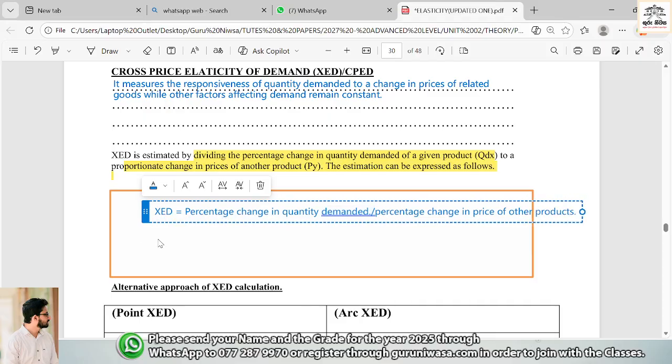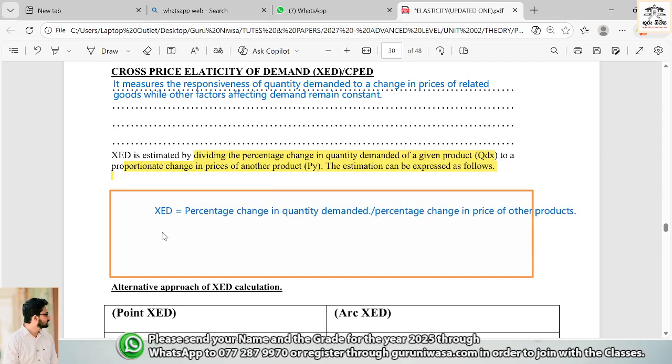The abbreviation, write down the short form, XED.